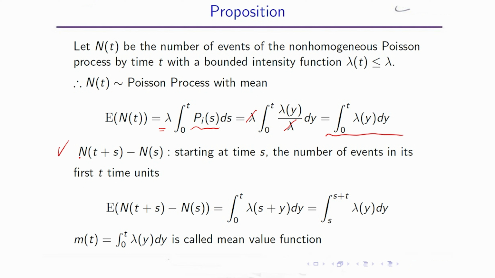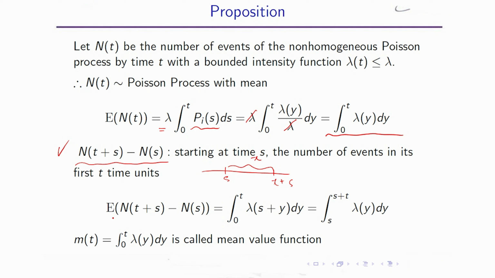And also this notation N(t+s) minus N(s) means starting at time s, the number of events in its first t time units. Basically that means the events that happen between s and t plus s. So the length of the time period is t, right?